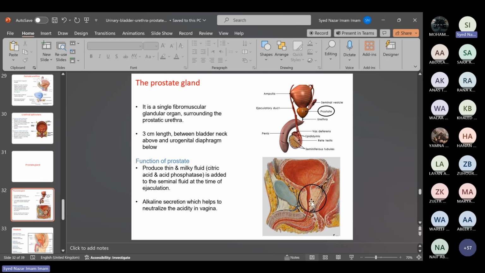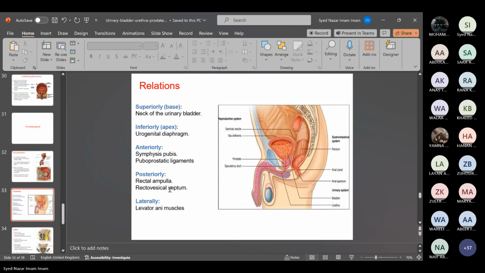So this is very important here. If there is any enlargement, benign or malignant, it can compress the prostatic urethra and give rise to obstructive features. So what is the function? It produces seminal fluid, which is alkaline and neutralizes the acidity in the vagina in the female.